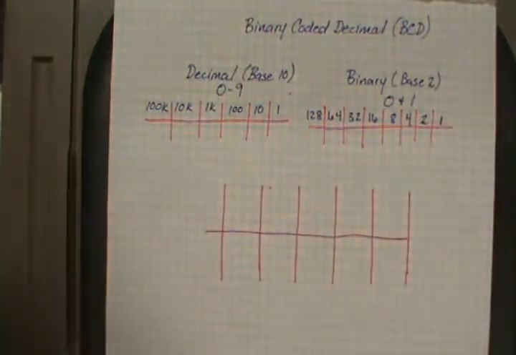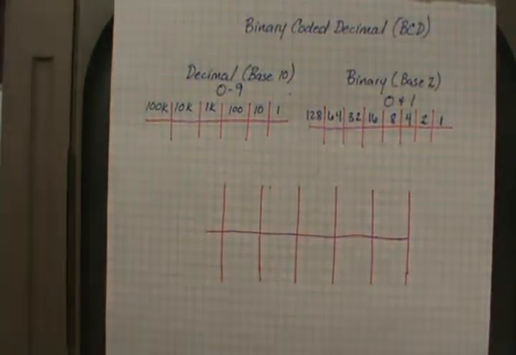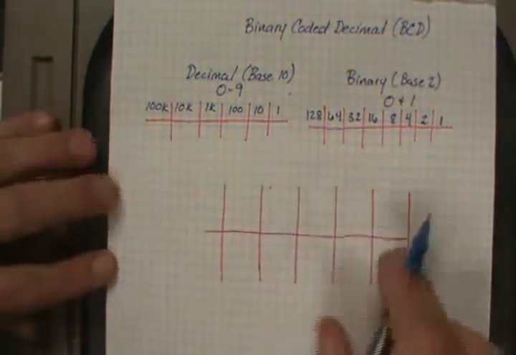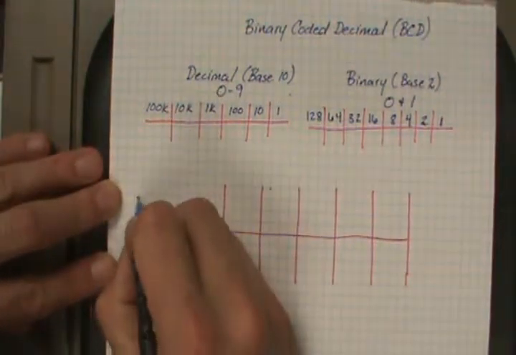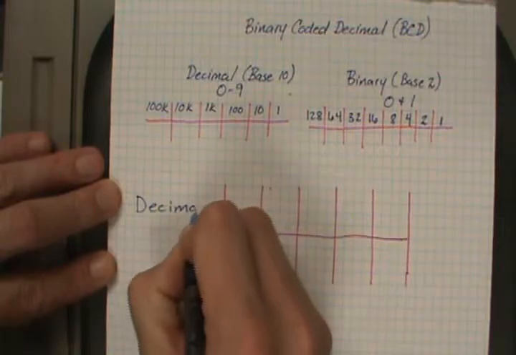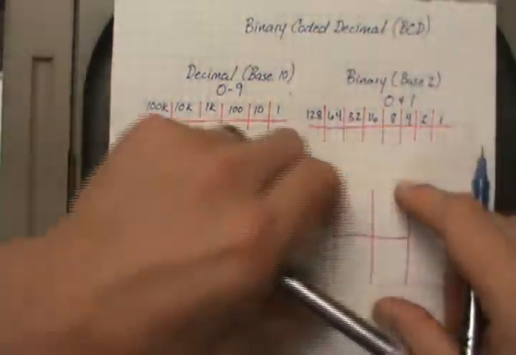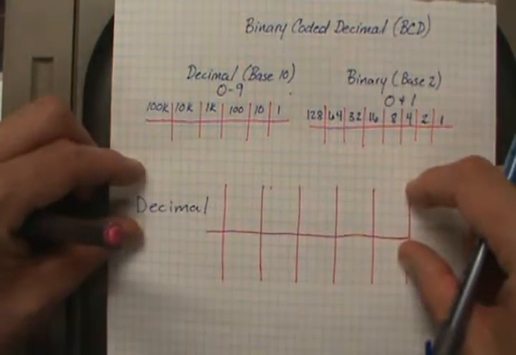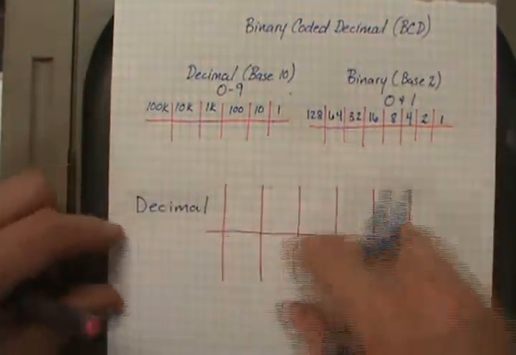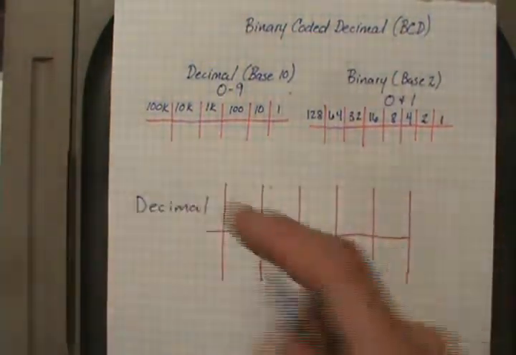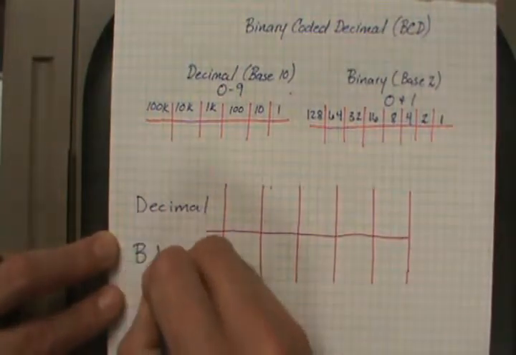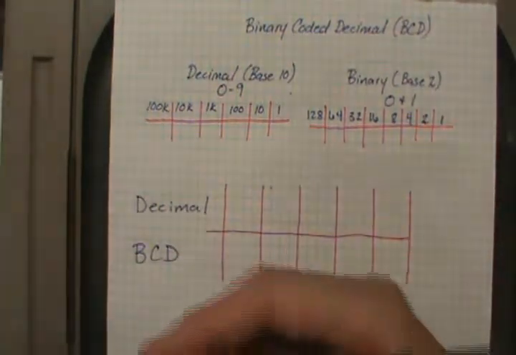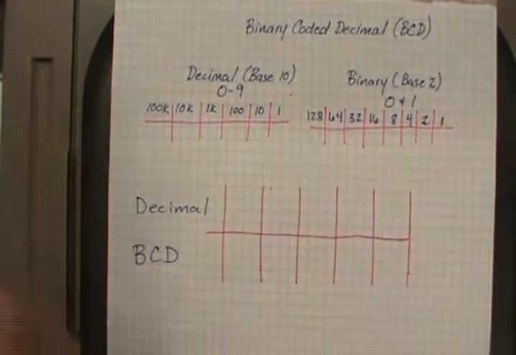So what we're going to look at on the front end is the top being our decimal. Keep in mind, this could certainly stretch and be much longer, but we'll look at the decimal side up here, our integer values, and then the BCD on the bottom. What I'm about to do is really what makes BCD unique.